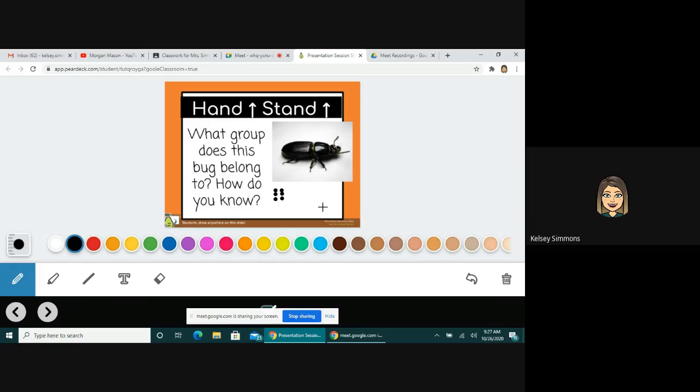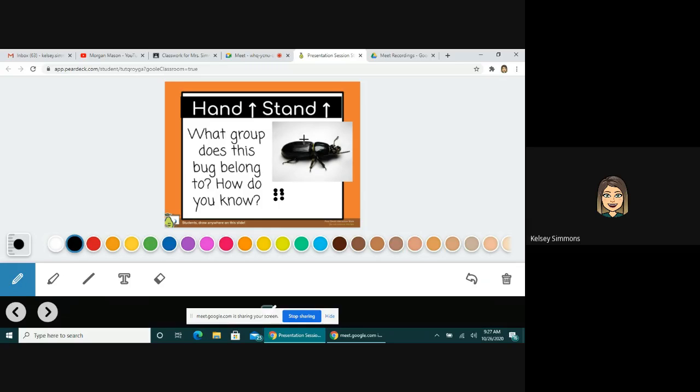It also has antennae, 1, 2, that it could use to feel. I'm not sure if this is an insect or an arachnid. Well, I also see that it has a head, it has a thorax, and it has an abdomen.